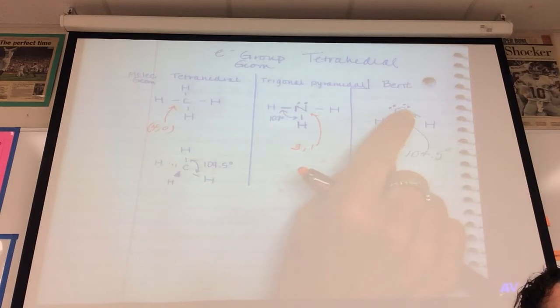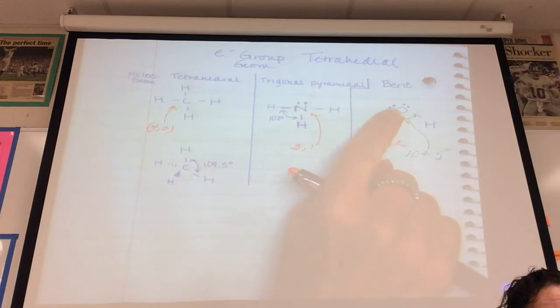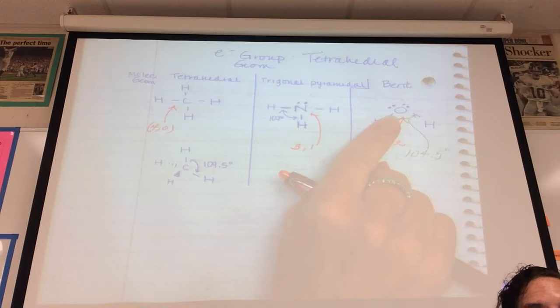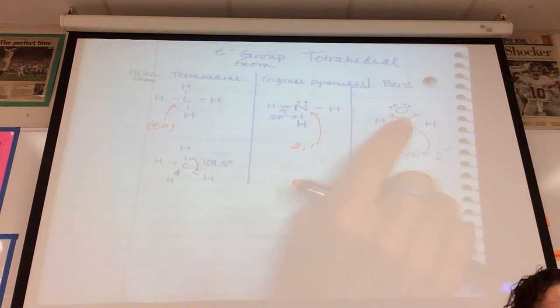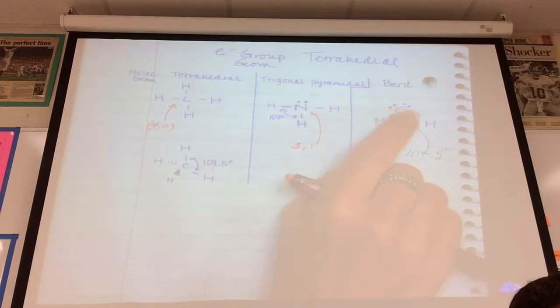The two lone pairs of electrons repel each other, or you can say that the lone pairs of electrons repel more than bonding electrons and repel one another, further compressing the bond angle. So you've got the lone pairs repelling more than the bonding electrons, and they repel each other for a smaller HOH bond.